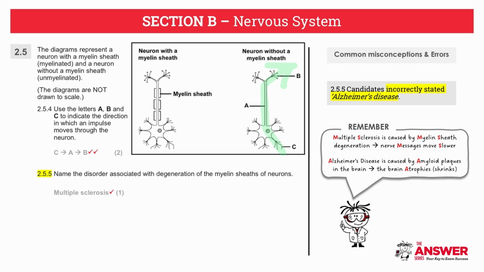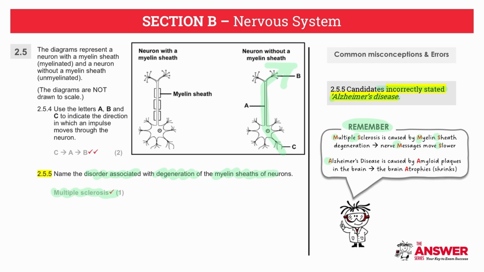Question 2.5.5, name the disorder associated with degeneration of the myelin sheath of neurons, that is multiple sclerosis. Candidates incorrectly stated Alzheimer's disease. So a little hint to help you remember these. Look at the first letters of the word. Multiple sclerosis, MS, is caused by myelin sheath degeneration, MS, and that means that messages move slower.